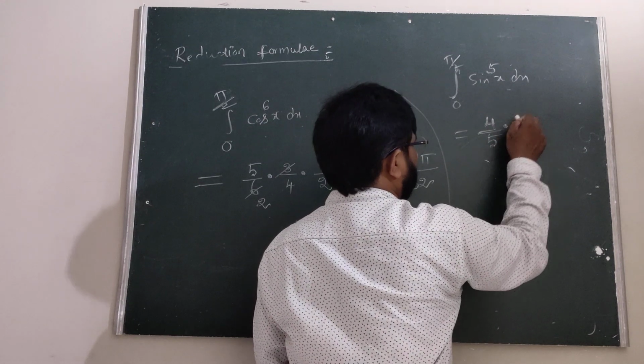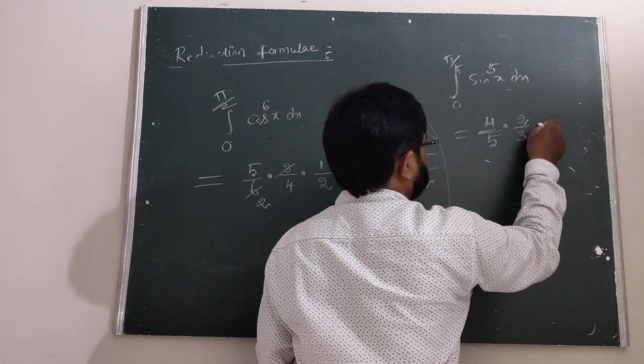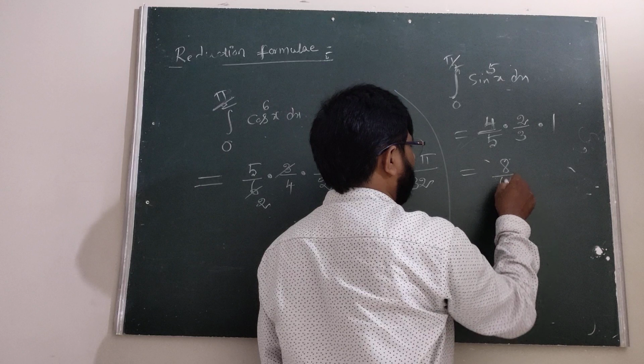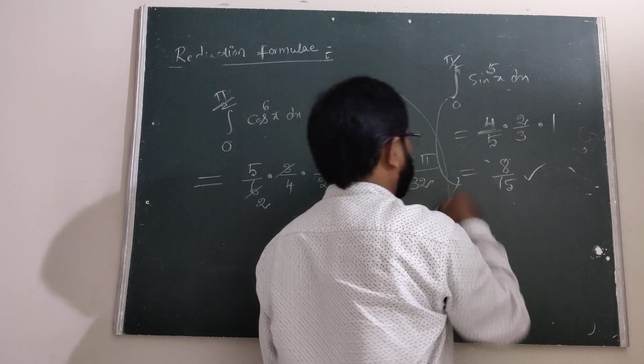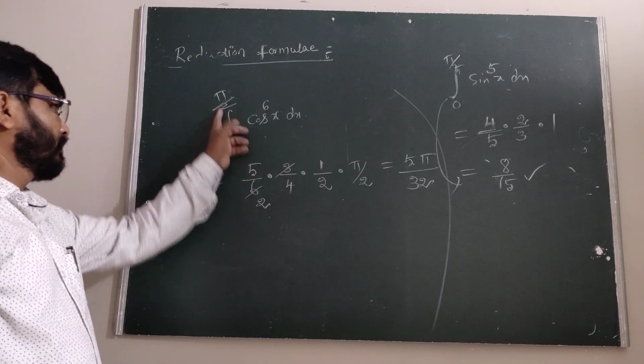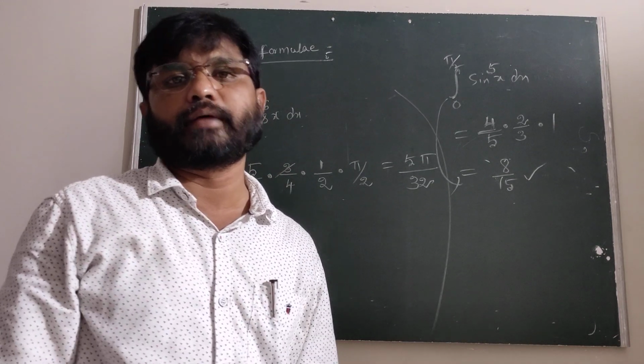After that, 4 minus 2 is 2 and 5 minus 2 is 3. Then you can write 1. This is 4 into 2, 8 by 15, the value of sin power 5x. The earlier one is the value of cos power 6x between the limits 0 to pi by 2. Okay.